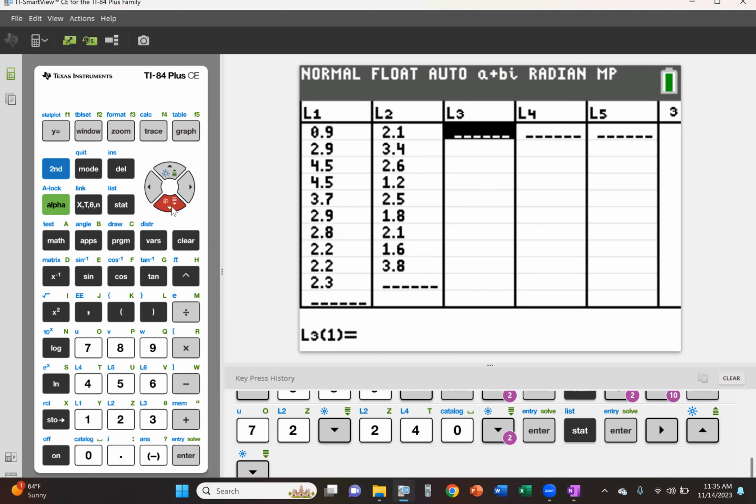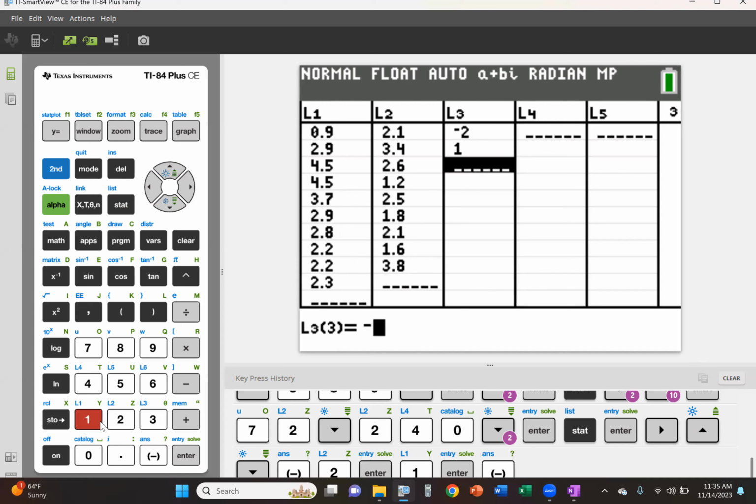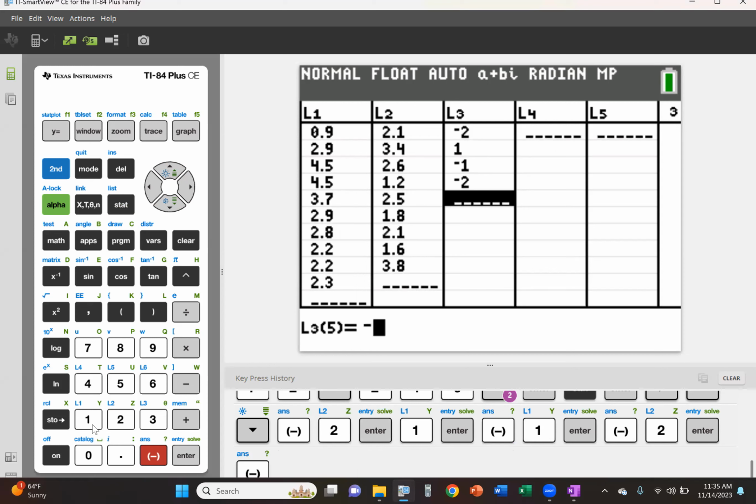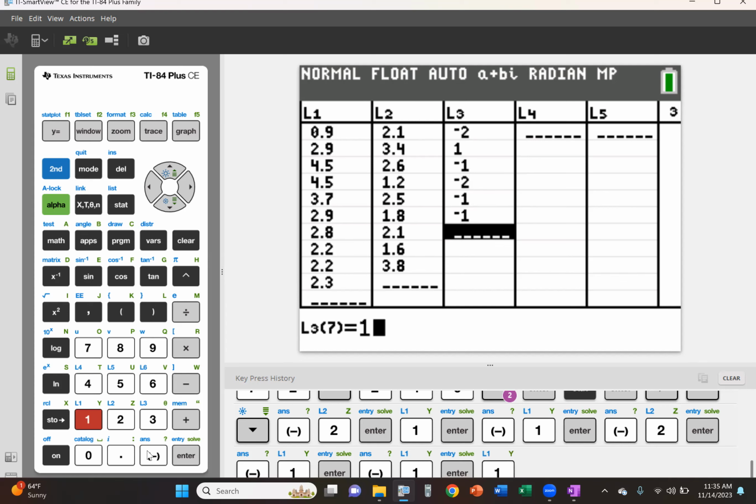So I have differences here: -2, 1, -1, -2, -1, -1, 1, and 3. Okay, so I have my differences, right minus left, in my list. So I'm going to go run a t-test on that list.